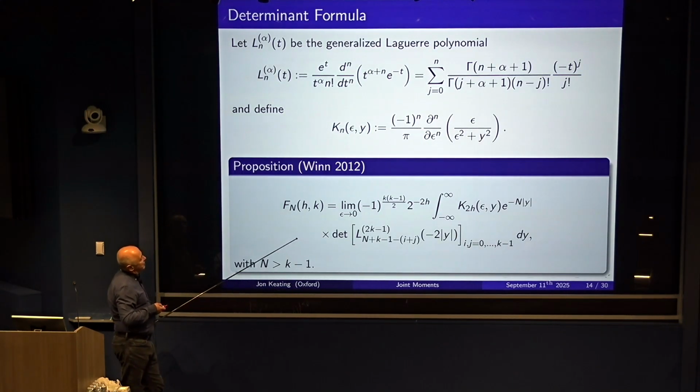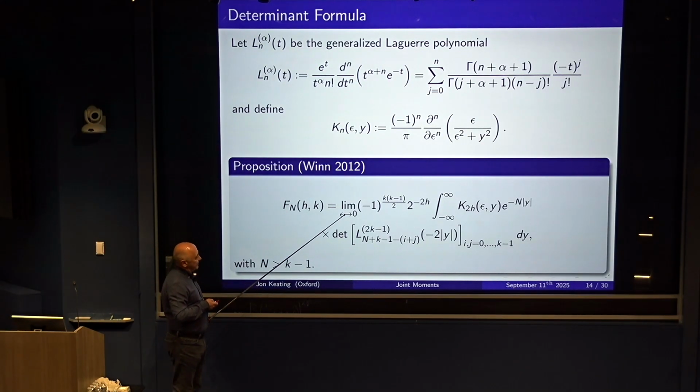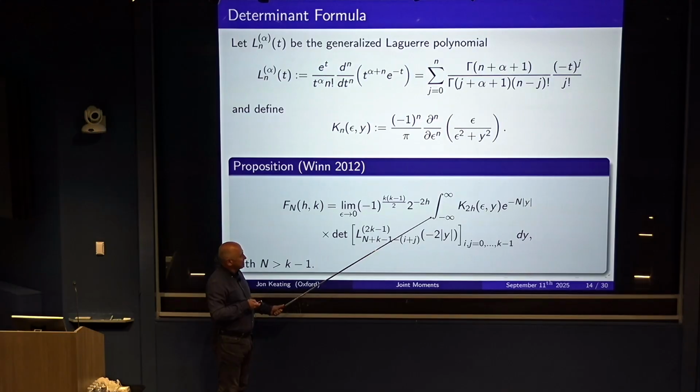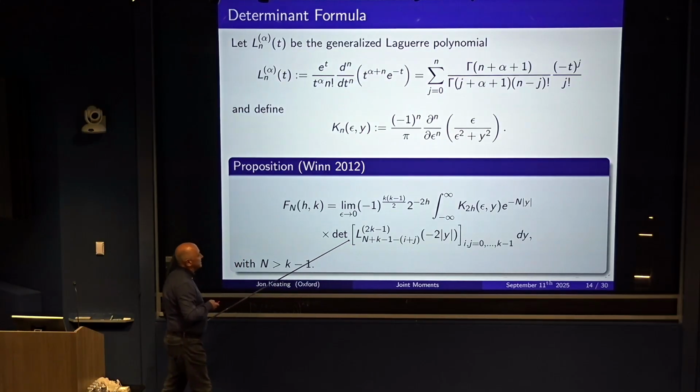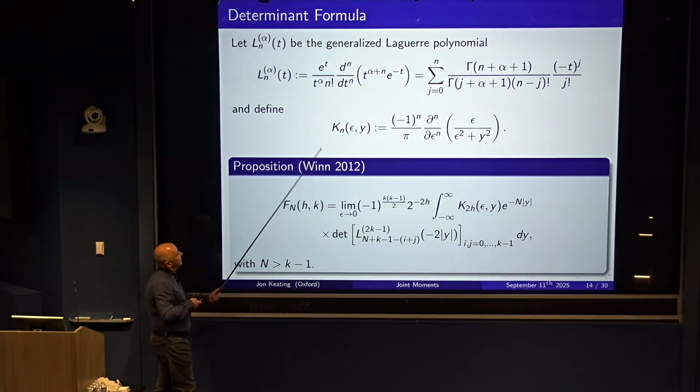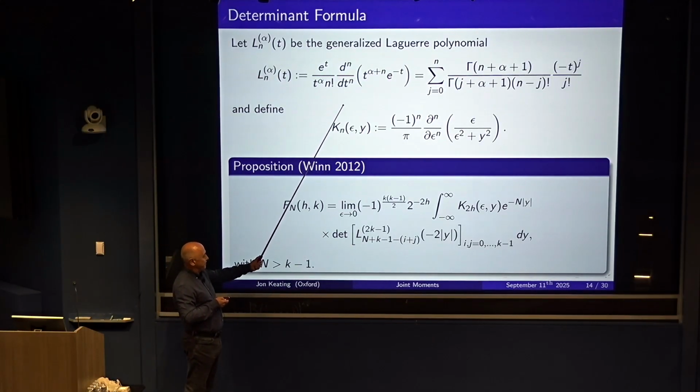Then Winn proved that the joint moments, exactly, so no asymptotics here, n is still appearing in the formulae, are given as a certain limit of an integral involving this kernel K, which is just this very simple formula, and a determinant of these generalized Laguerre polynomials.